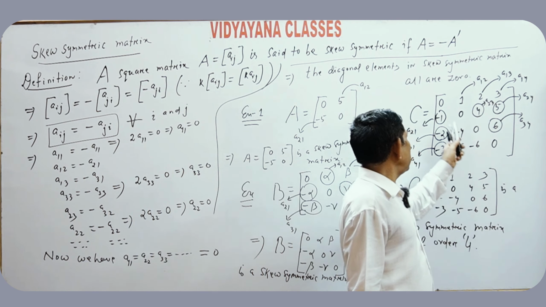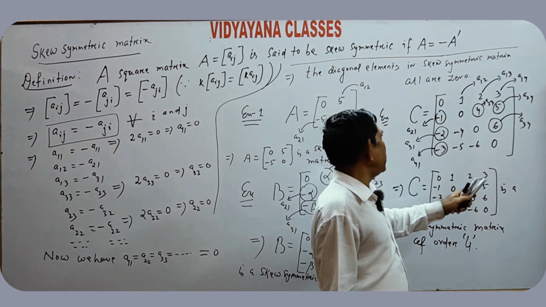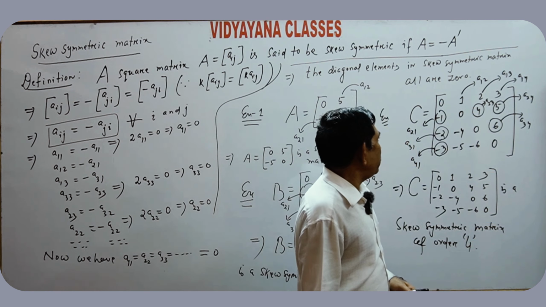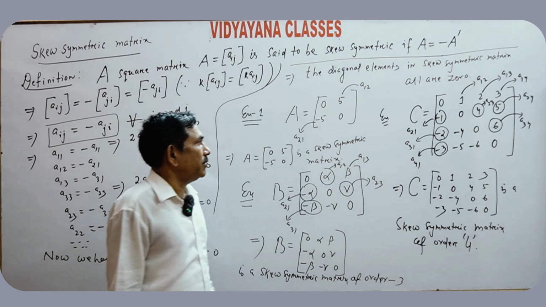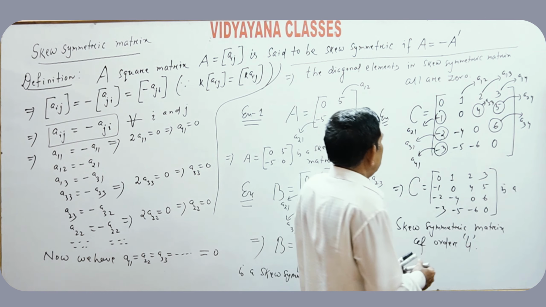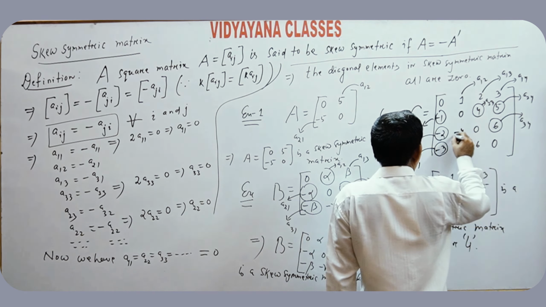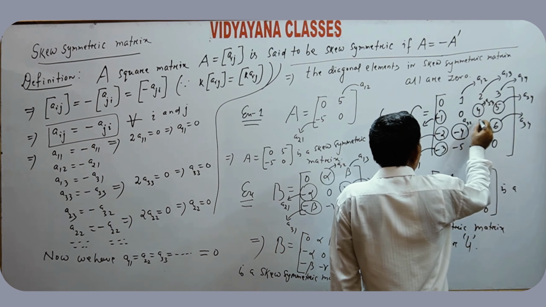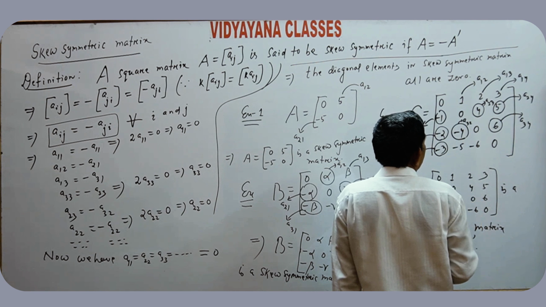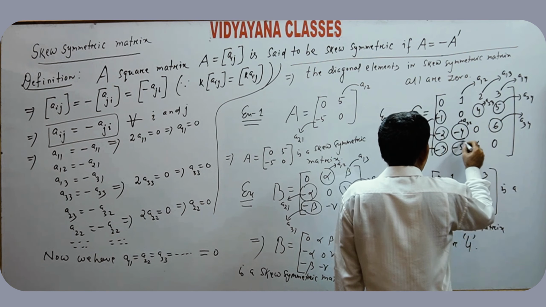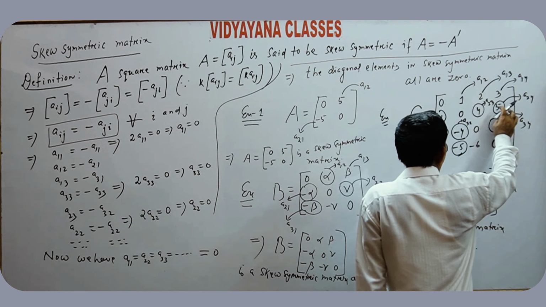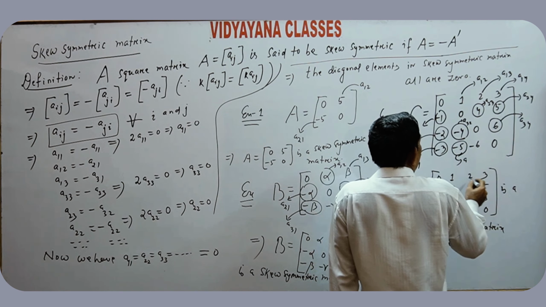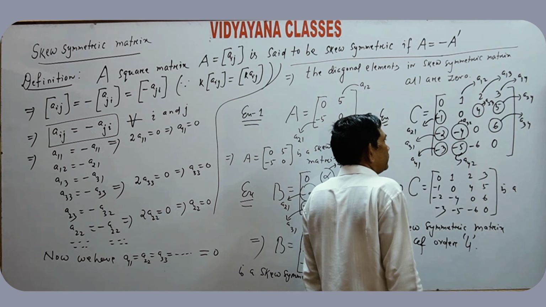0, 1, 2, 3. It is 0, minus 1, minus 2, minus 3. Since Aij is equal to negative of Aji, minus 4 is the element of A32, and 4 is the element of A23. 5 is the element of second row and fourth column, and minus 5 is the element of fourth row, second column.